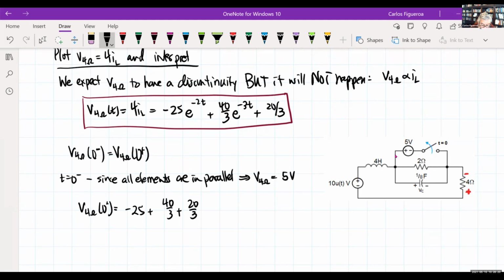Let's make sure my numbers are right. I'm getting 60 thirds. Look at this. Minus 25, that gives me minus 5 volts. That's the biggest check right there. So that's a huge check.